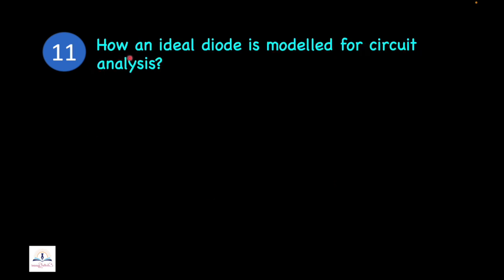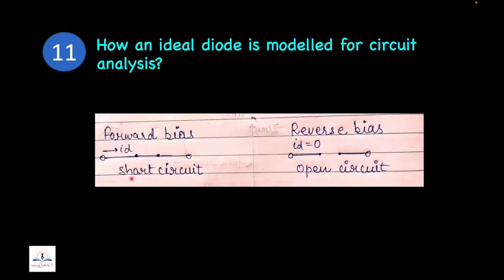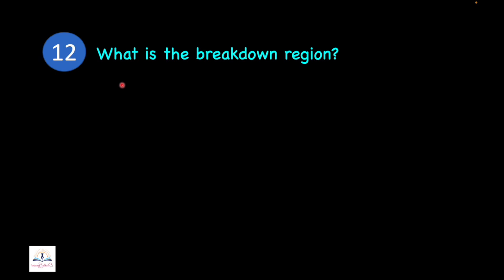Question 11 is how an ideal diode is modeled for circuit analysis. As we have seen its IV characteristic, the ideal diode is replaced by a short circuit when it is forward biased and by an open circuit when it is reverse biased. Question 12. What is the breakdown region?